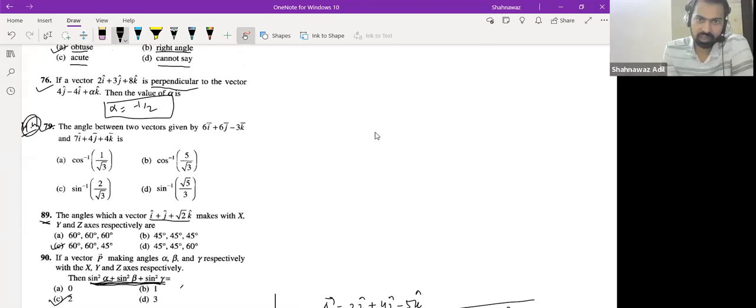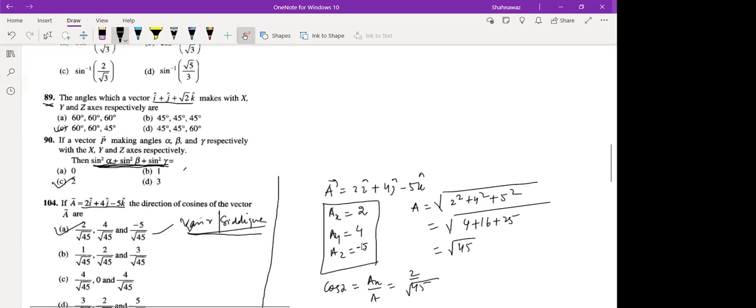So this one, and this is not a bar, but this is a hat. These are the directions. Okay, so this question, and did you guys take this screenshot? Done, guys? Yes, sir.